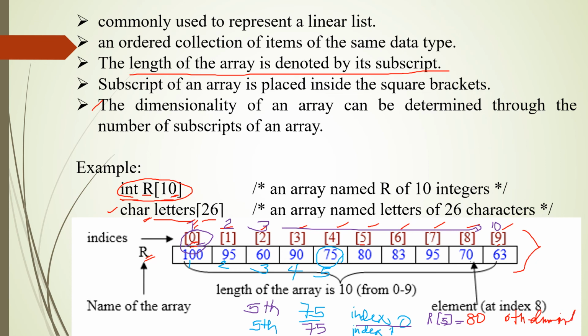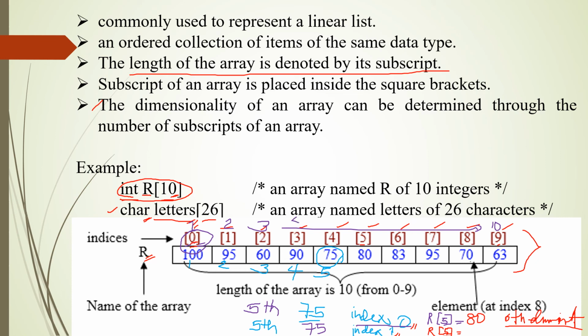So if I ask, what is the element at index 5? If the starting address is index 0, that means we are referring to the sixth element. However, if I start at index 1 and we want to refer to the fifth index, or R sub 5, or at index 5, what will be the element at index 5?